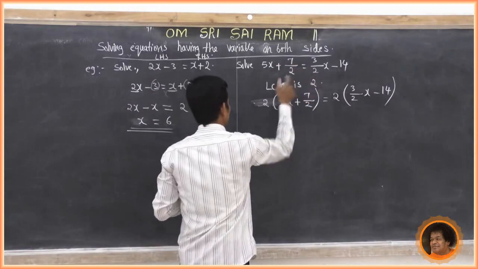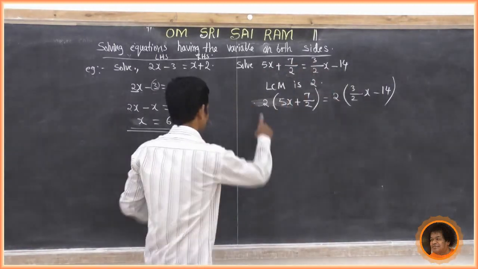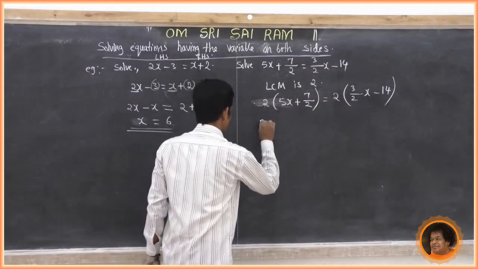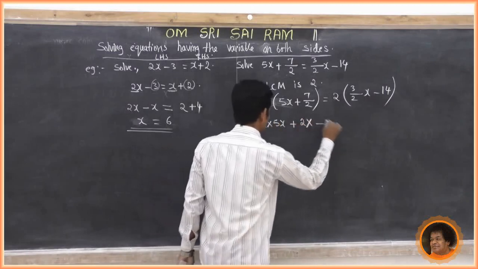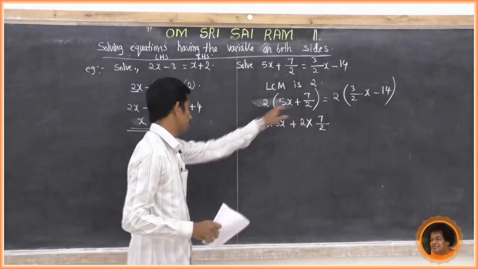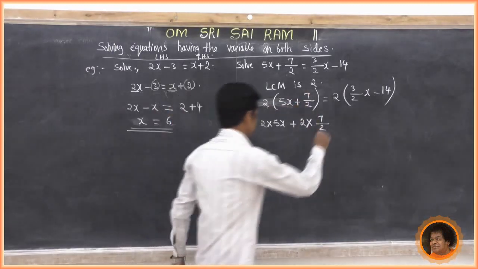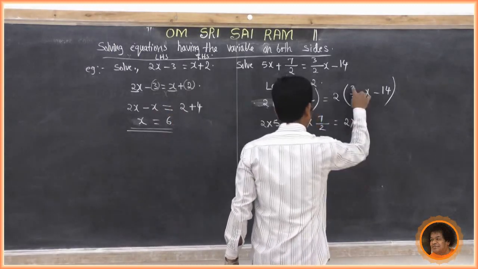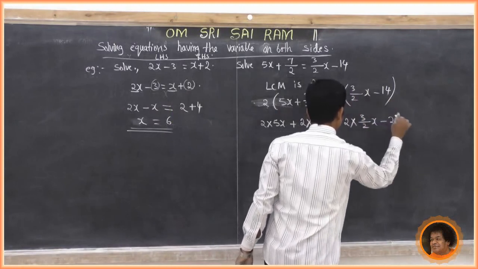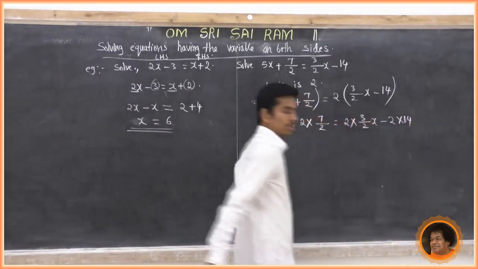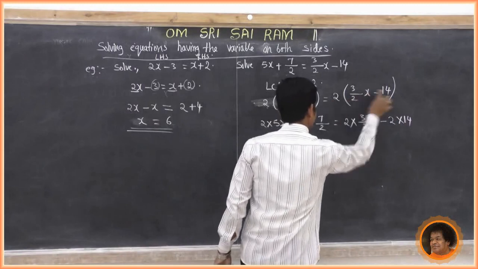Now multiply. What do we get? 2 into 5x plus 2 into 7 by 2 equal to 2 into 3 by 2 x minus 2 into 14.